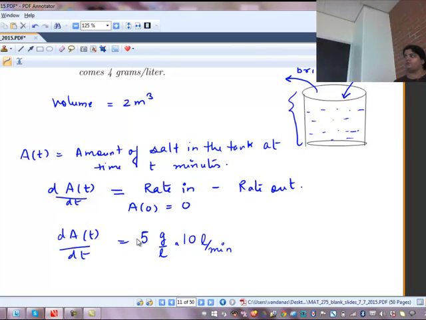Okay, so now what is rate out? We know it is flowing by 10 liters per minute again, out also. But what is this amount here? What do you think? Should I place the salt when we are taking it out? Water.